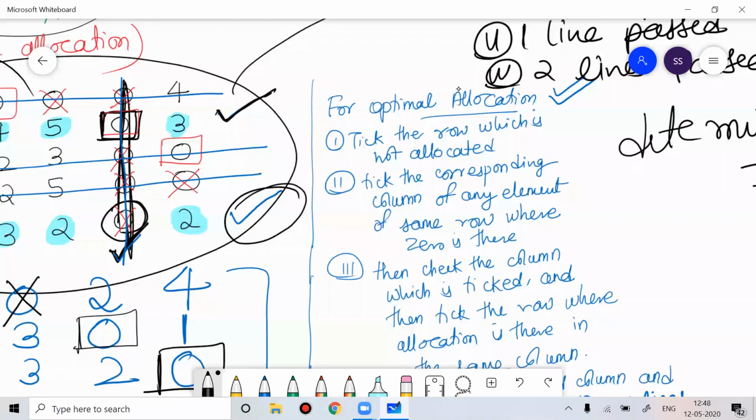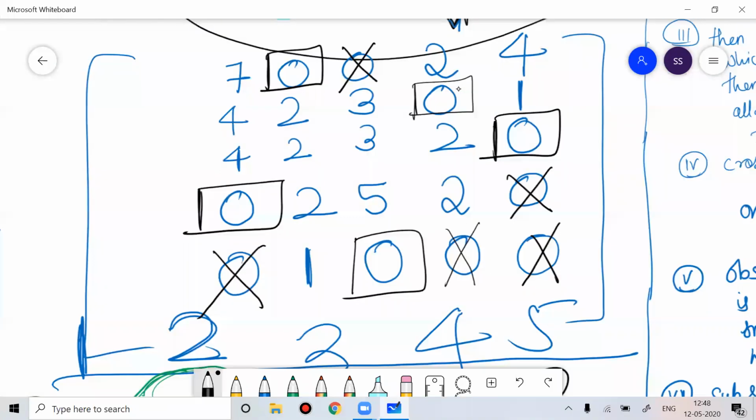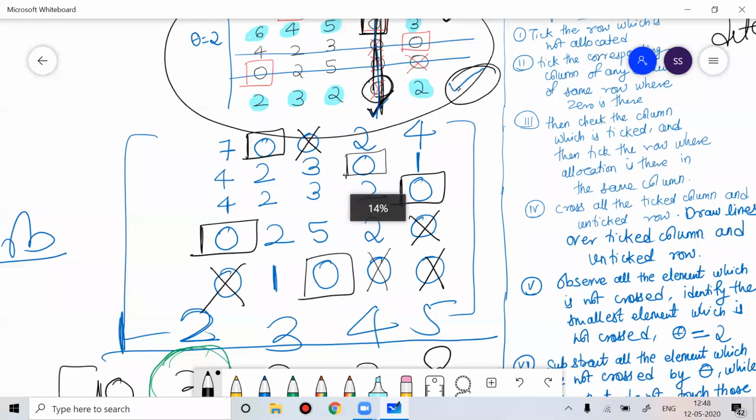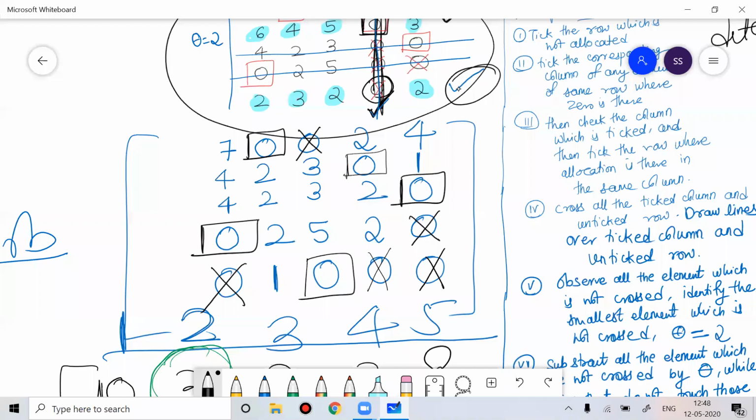Once you've done that work, the values you get will again have a few zeros row-wise and column-wise. Again you'll do allocation. When you do allocation, you'll give preference to that row where one zero is there, then to that column where one zero is there.